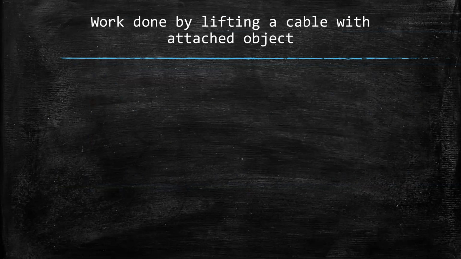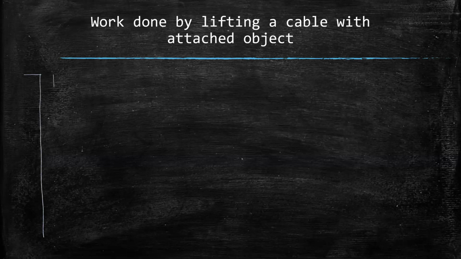All right, so let's switch gears and let's talk about how to compute the work done by a force lifting a cable with an attached object. And let's set up the problem. We have some sort of building, and from the top of that building we have some sort of a pulley set up here.